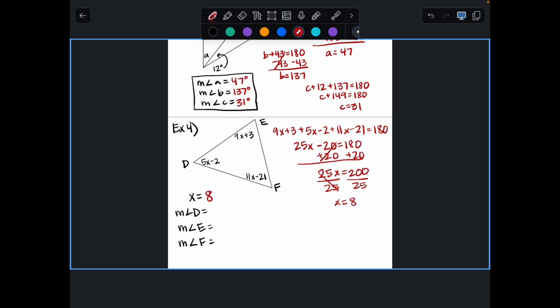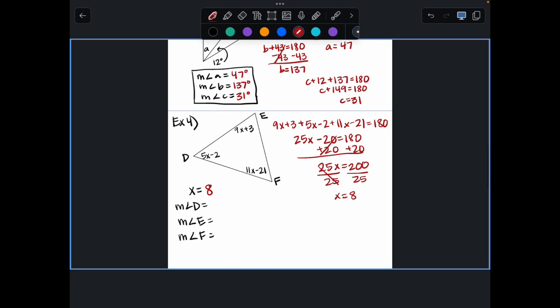So X equals 8. And now you're just putting in 8 for X in each expression to solve for the measure of the angle.